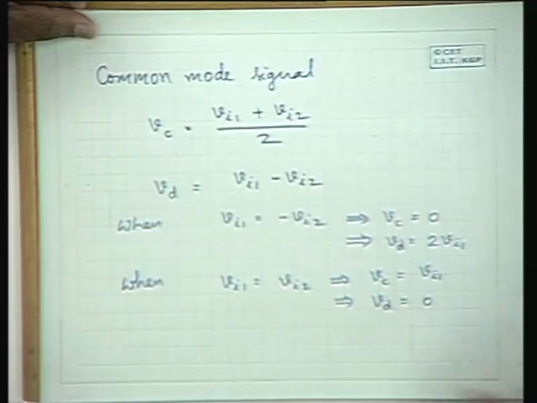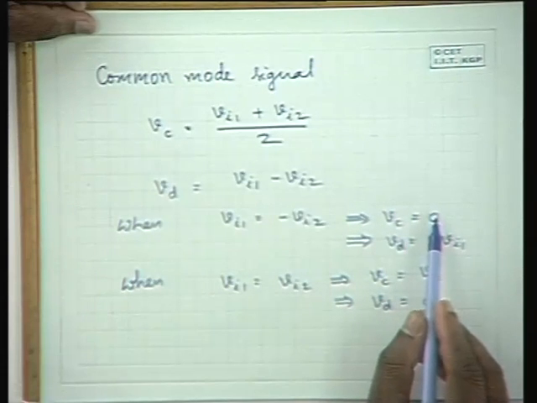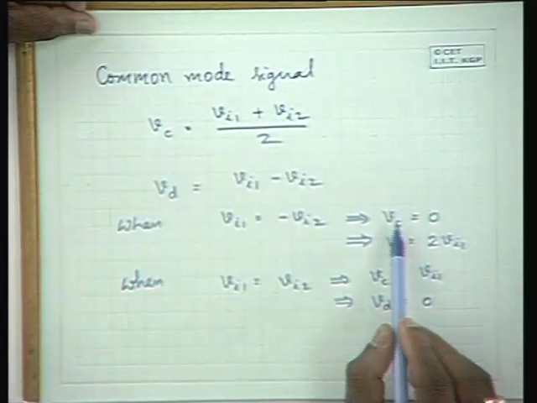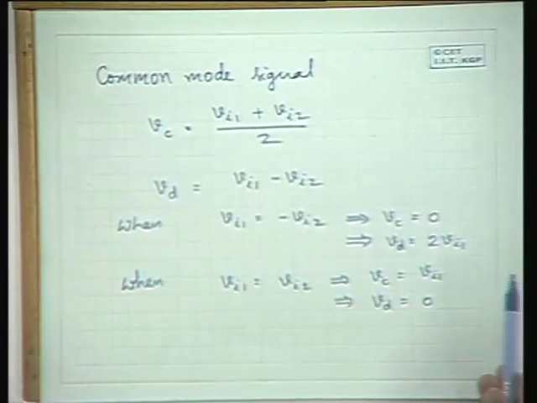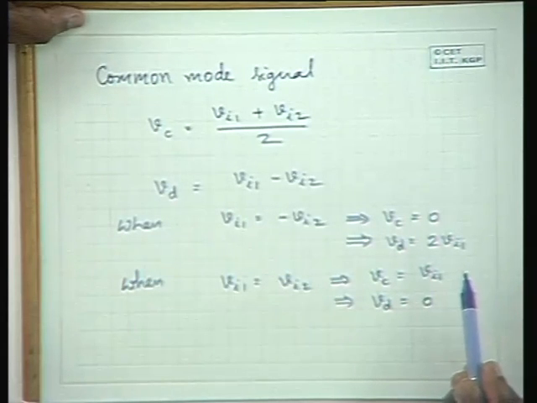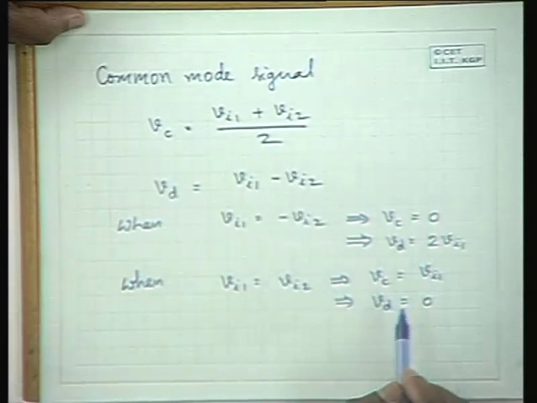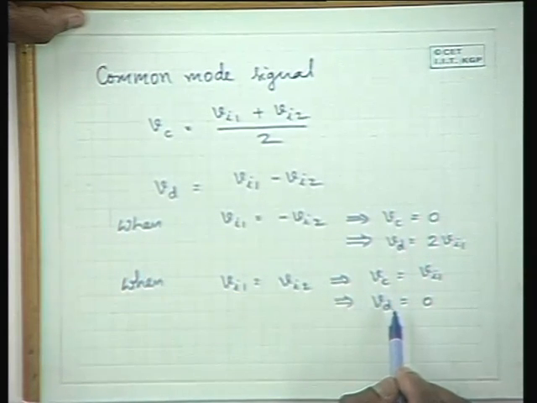and one can measure how much is the common mode gain and how much is the differential gain, because in this case the common mode signal is 0. Therefore, even if the common mode gain is not 0, since the common mode signal is 0, there is no common mode output. Whereas in this particular case, when Vi1 is equal to Vi2, the differential signal itself is 0.